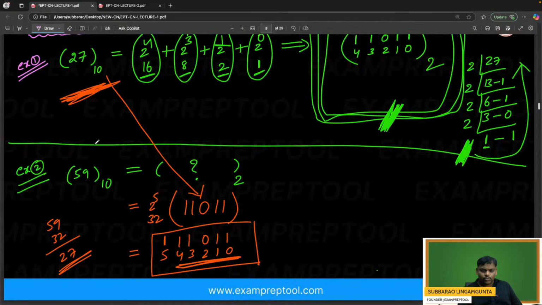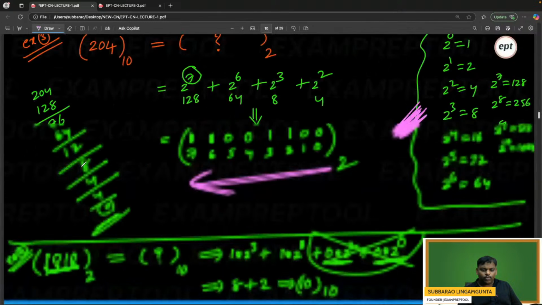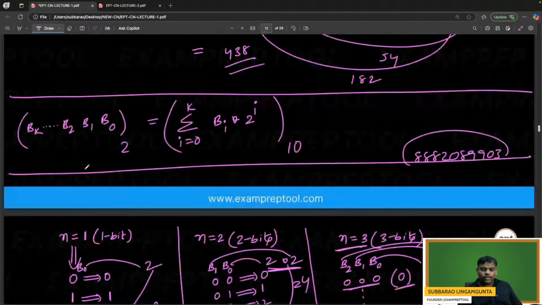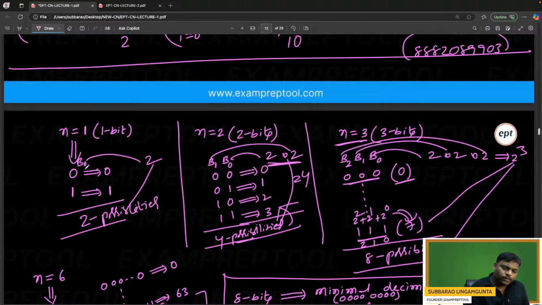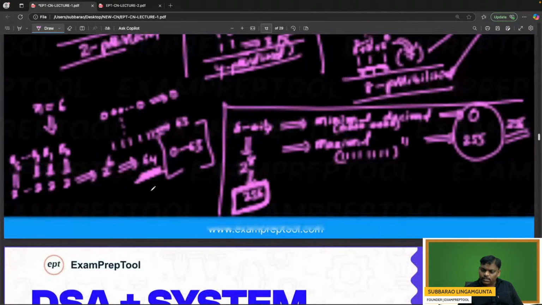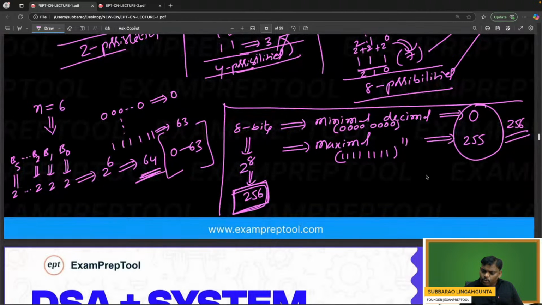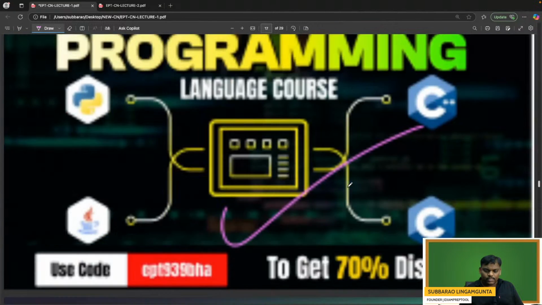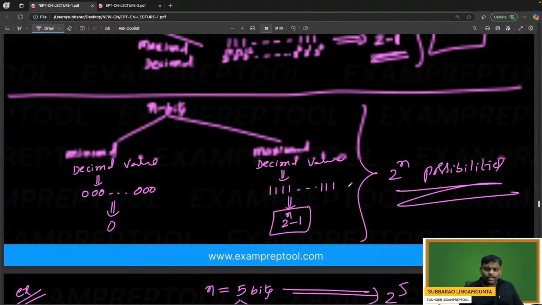So see this one. It is the first problem. The second problem. The third problem. The fourth problem. The fifth problem. The sixth problem. The seventh problem. Let's see this, the eighth problem.